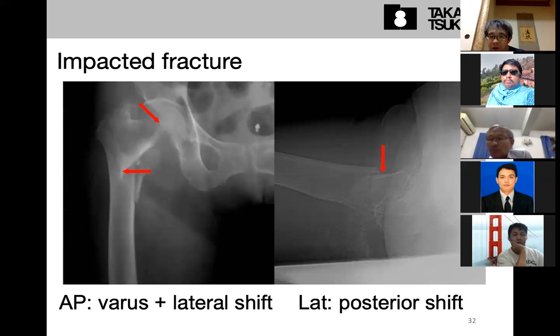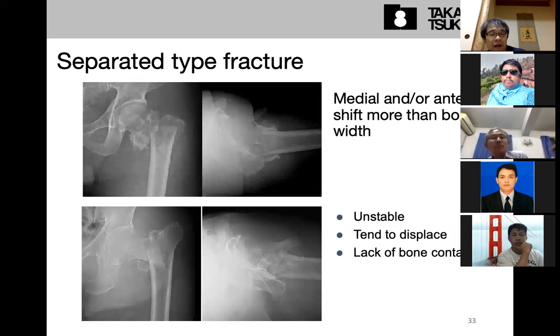But we must focus on the direction of the displacement. Otherwise, you can experience a cutout and be very surprised by it, even after this was classified as a stable and simple type of fracture.